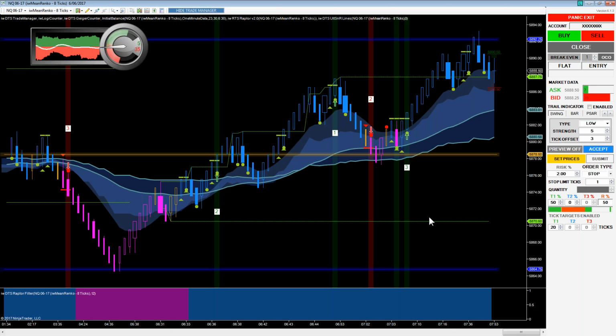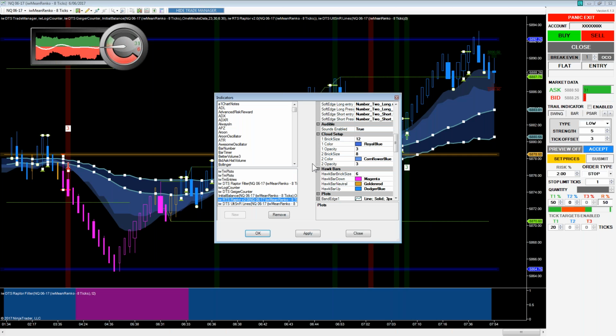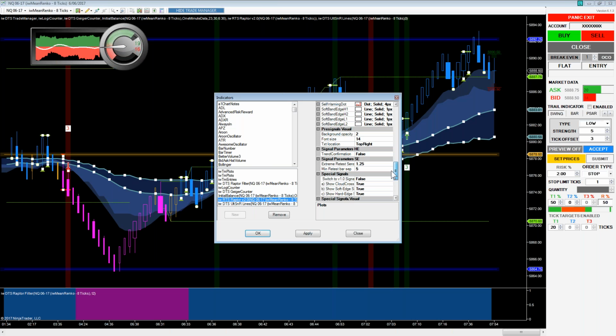Fred's asking, what settings are you using on the Raptor? I cannot duplicate. I am a default with 8 tick. Okay, well, the only change I've really made to the Raptor, Fred, is, see, my brick size is 12. My clouds are 8 and 12, or 12 and 8. My Hawk brick size is 6. These are the defaults, so you shouldn't need to worry about that.